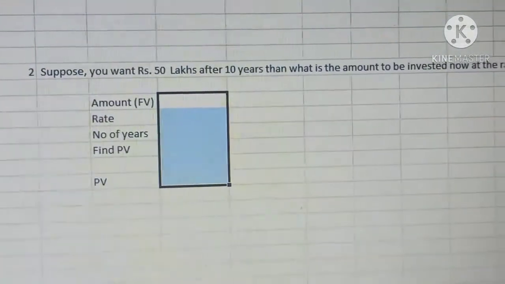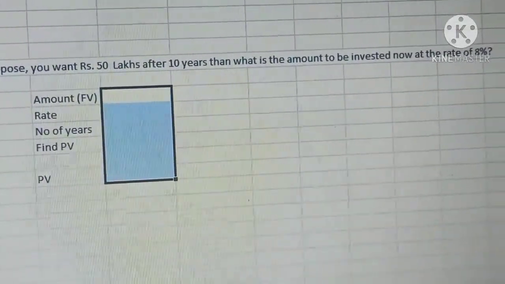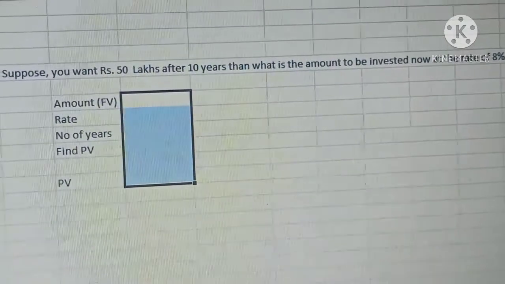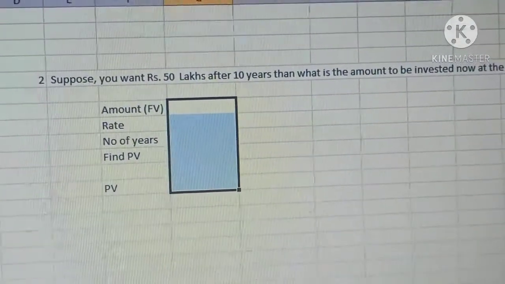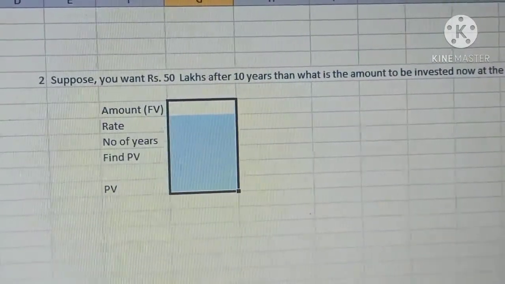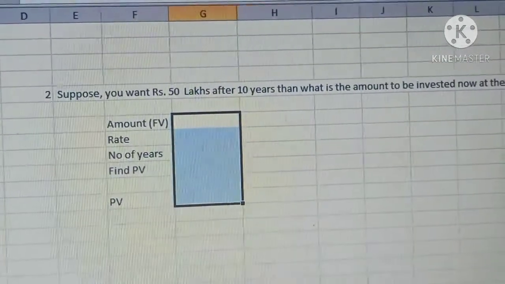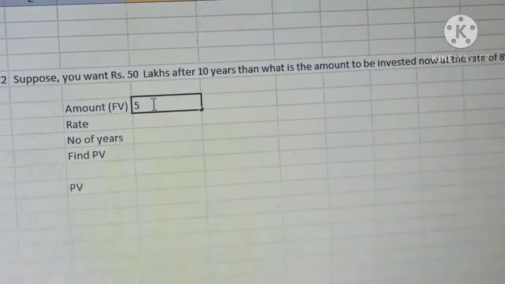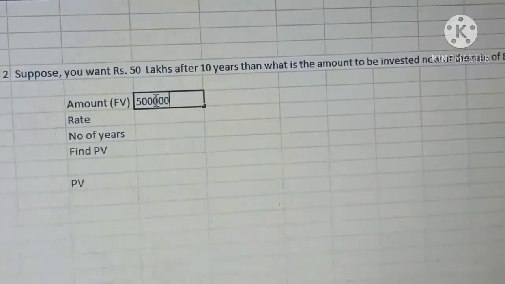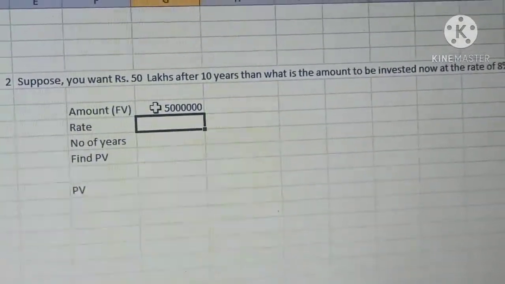Suppose you want rupees 50 lakhs after 10 years, what is the amount to be invested now at the rate of 8%? You want 50 lakhs after 10 years. So 50 lakhs is your future value, and you want it, so it is plus 50 lakhs.